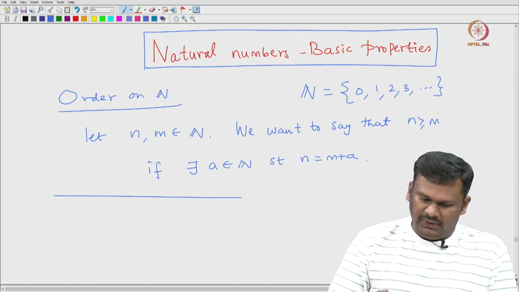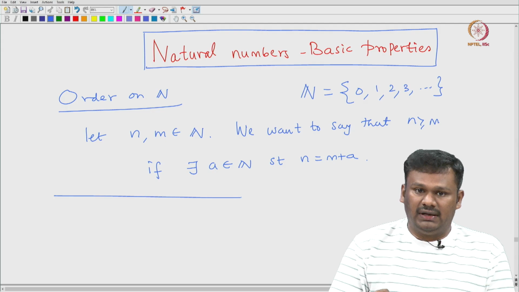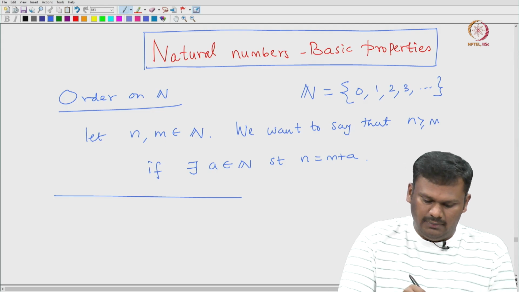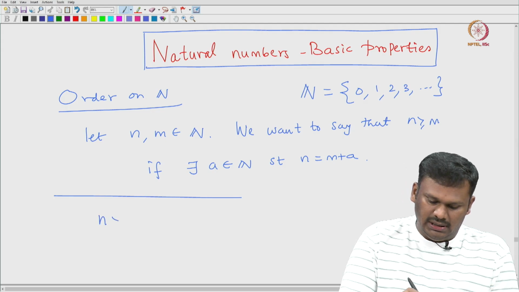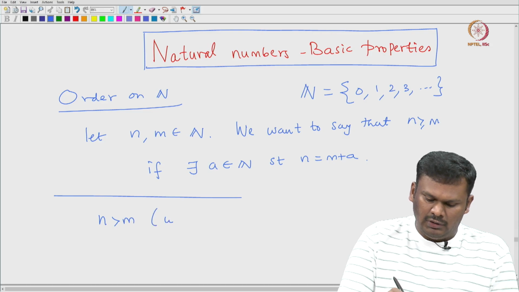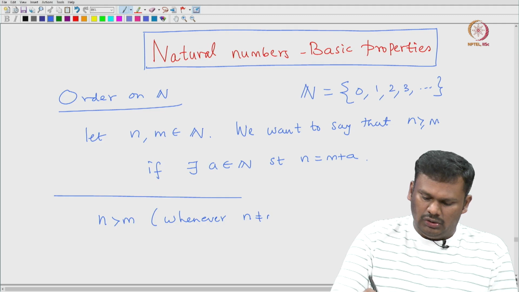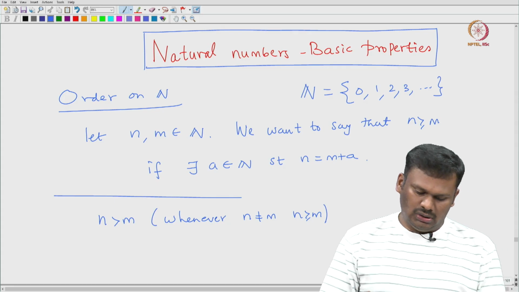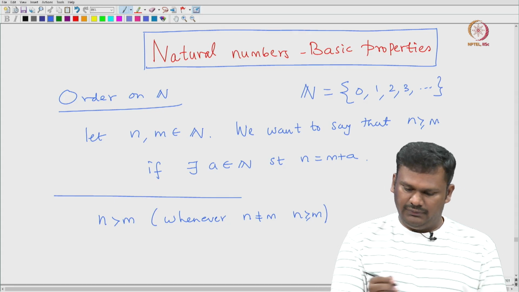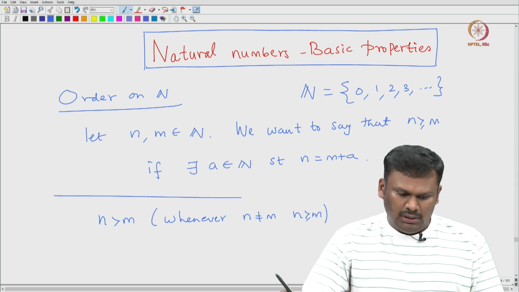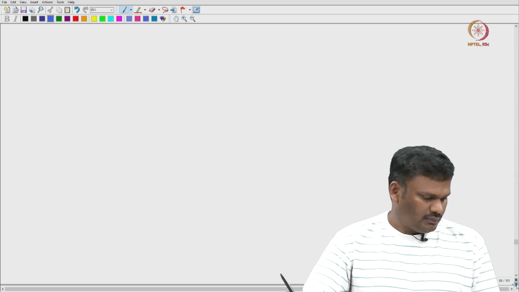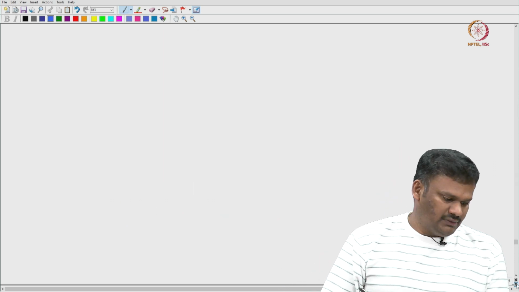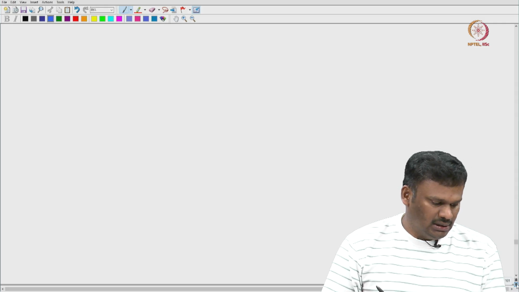Now it is convention that whenever n is not equal to m and n is greater than or equal to m, we write n greater than m. This is all standard. Similarly, you can also talk about m less than n. Okay. So, now what are all the properties of this order that we have defined?